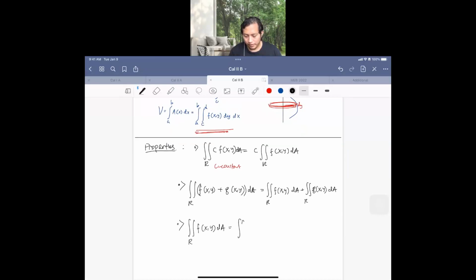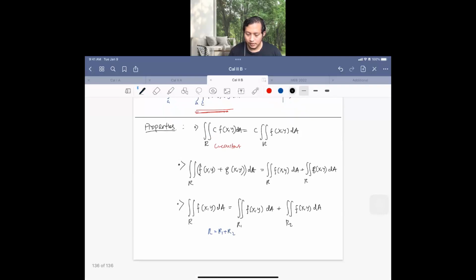Okay, if we have this, then we can also separate the region. So if we would like to divide it into 2, we can also do that, and this becomes R1 and R2, where R is R1 plus R2.